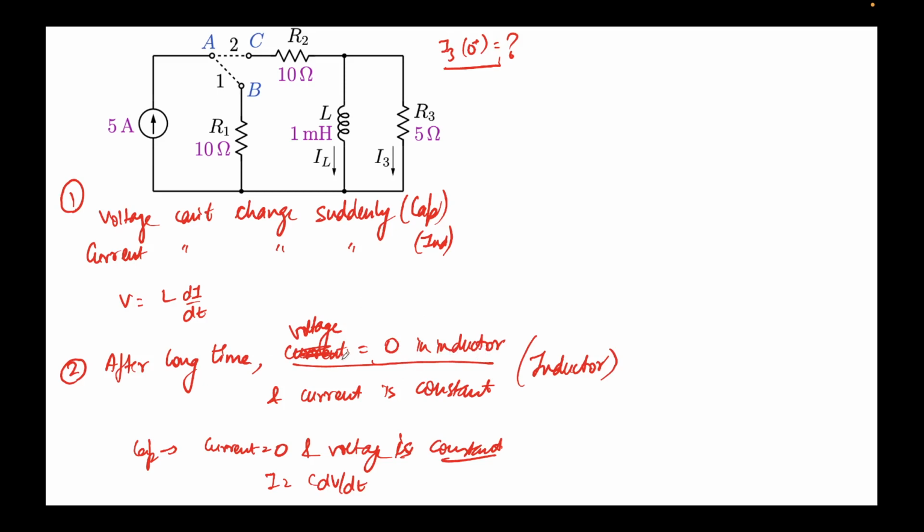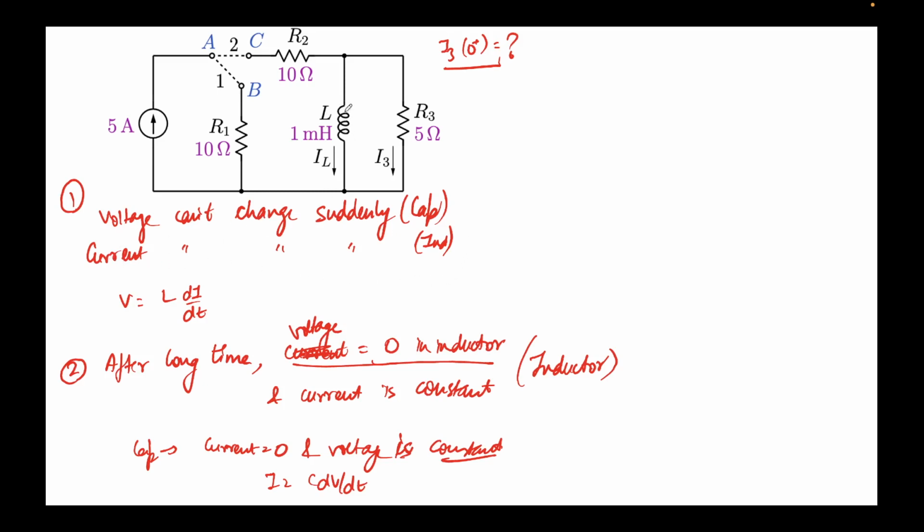Okay, so now what we are required to find here is the value of I3 at 0 plus. In order to do that, we must ensure that current cannot change suddenly in an inductor.